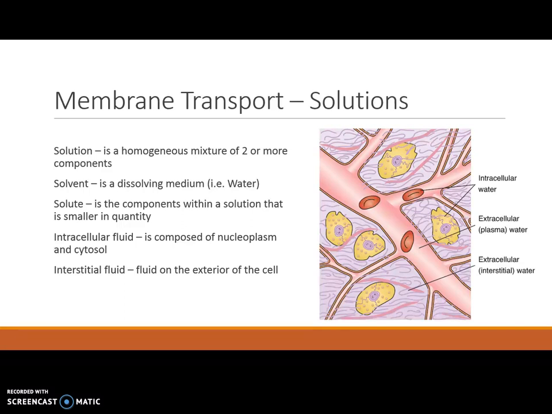Recall that the intracellular fluid is the fluid within the cell, and the interstitial fluid is the fluid on the exterior of the cell. Don't get interstitial fluid confused with extracellular fluid. Interstitial fluid surrounds the outside of a cell, essentially bathing it. Interstitial fluid is a component of extracellular fluid. Extracellular fluid denotes all body fluid outside the cell.